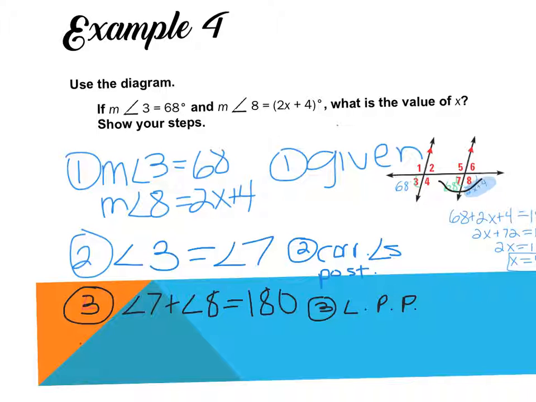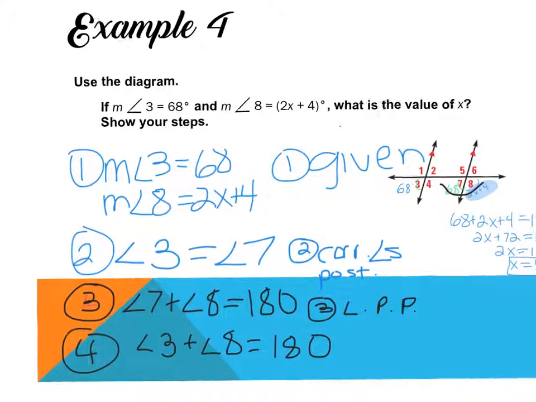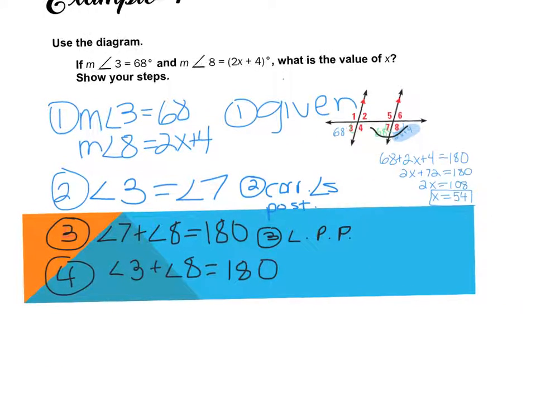So then I can say from there, I can actually say angle 3 plus angle 8 equals 180. And what would that reason be? What happened from 3 to 4? Nope.